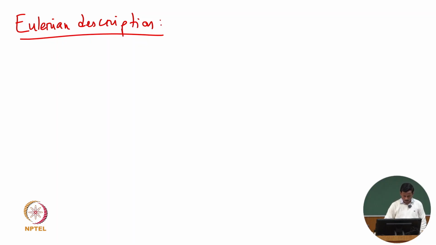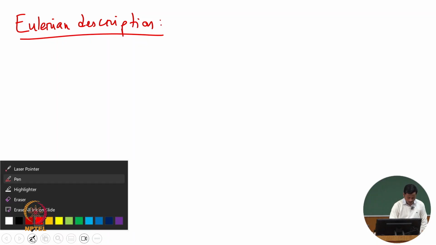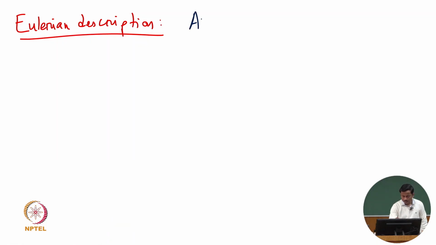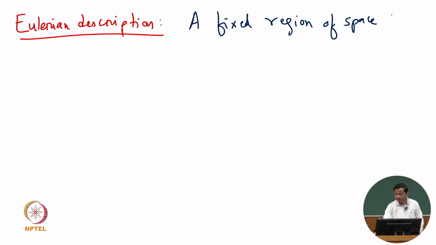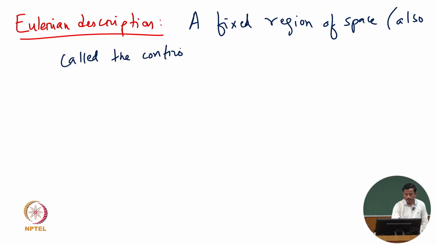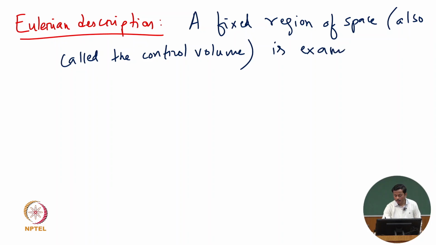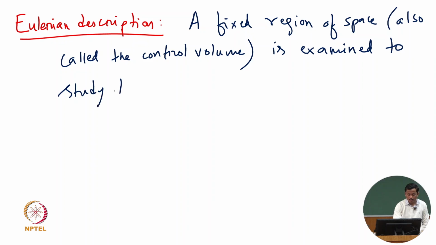So in Eulerian description of motion, a fixed region of space, also called the control volume, is examined to study the flow dynamics.